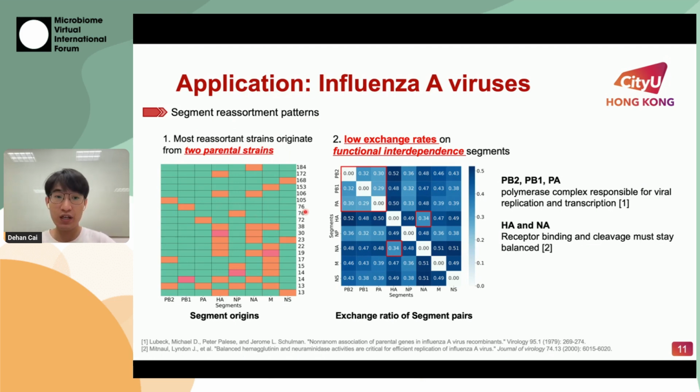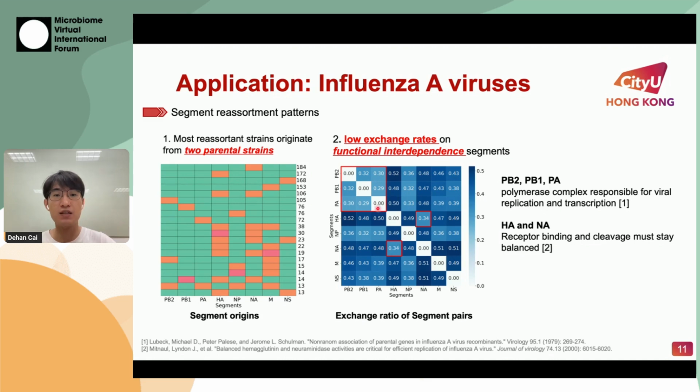As shown in this figure, different colors represent different parental strain sources, and we can see there are many strains with only two parental strains. Looking into more detail at the segment exchange, we see the exchange rate between pairs of segments, and some segments have a low exchange rate.